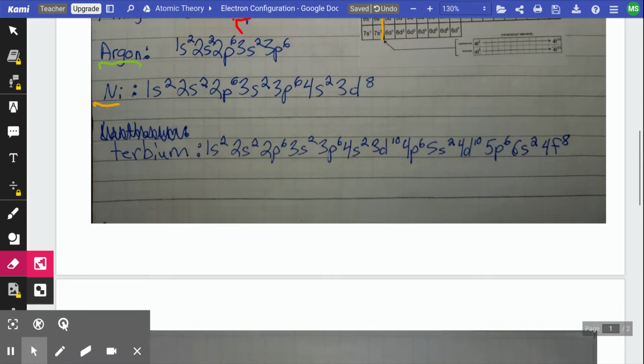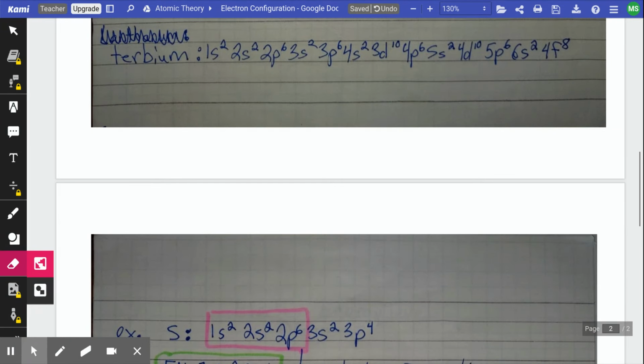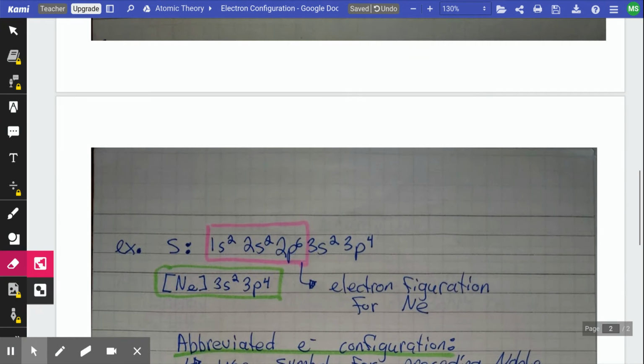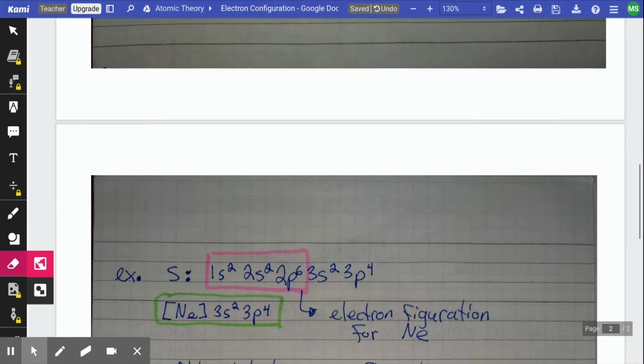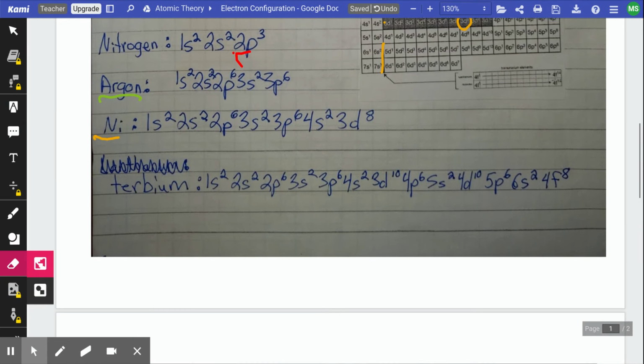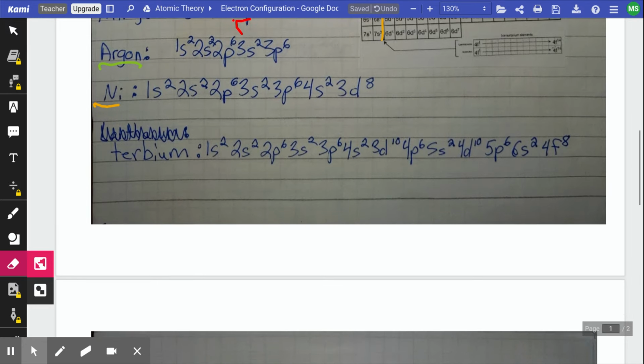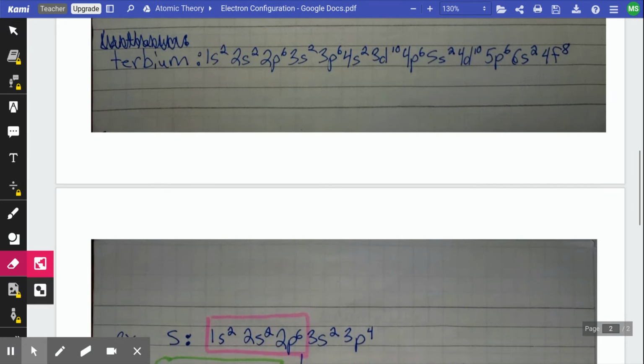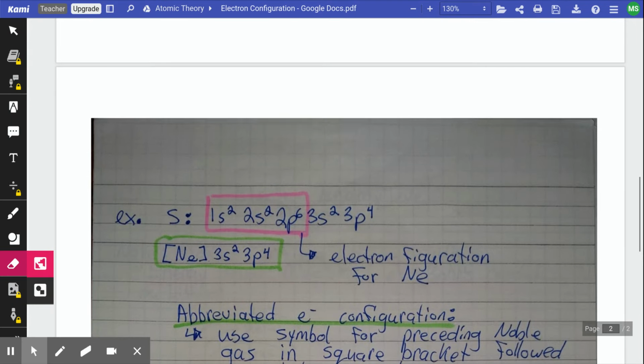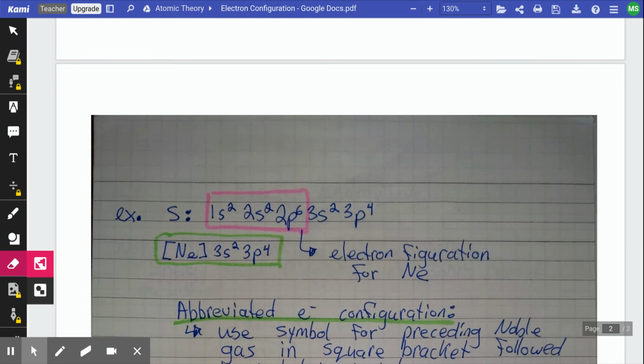All right, so now the video also showed you abbreviation. And so we're going to look at that here. Now, scientists can be really, really lazy, and writing something out like terbium, that's a lot of work. So we can short form that. And I have an example right here. If I get the electron configuration for sulfur, and you figure it out in your periodic table, it's 1s2, 2s2, 2p6, 3s2, 3p4.